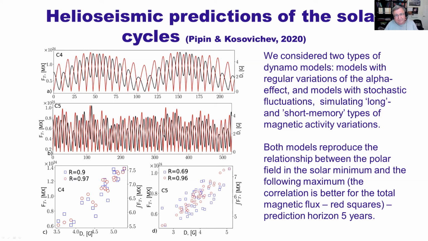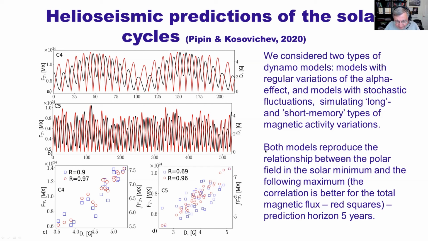In this, the red is total magnetic flux, and black is the magnetic dipole moment of the sun, corresponding to the polar magnetic field. So we look first at these models, and we found that they reproduce what we use now for prediction of solar cycles.